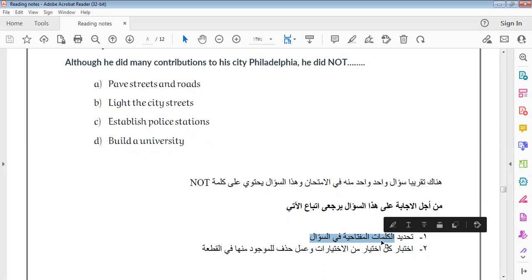Okay. الإجابات اللي هي موجودة في الباسج في القطعة. Okay. To cross out what is stated in the passage, because here I ask about something not, something didn't happen, something that may not be included in the passage. ممكن ما يكونش متضمن في ايه في الباسج.